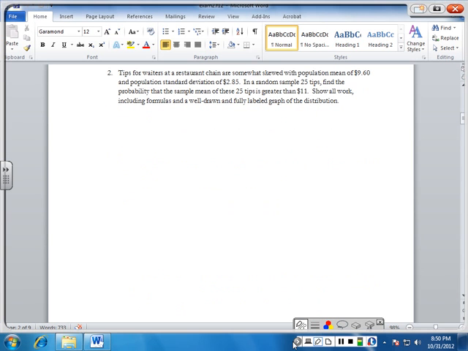Well, let's start with, if you just write down the information from the problem. We have a population mean of 960. We have a population standard deviation of 285.